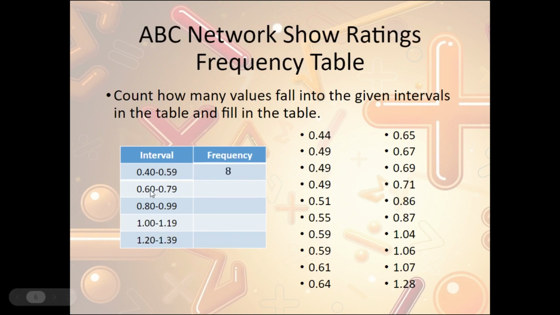Then we have from 0.6 to 0.79: 1, 2, 3, 4, 5, 6 that fall into that one. From 0.8 to 0.99, we have 1, 2. From 1 to 1.19, we have 1, 2, 3. And from 1.2 to 1.39, we have 1. This is how you would create a frequency table.